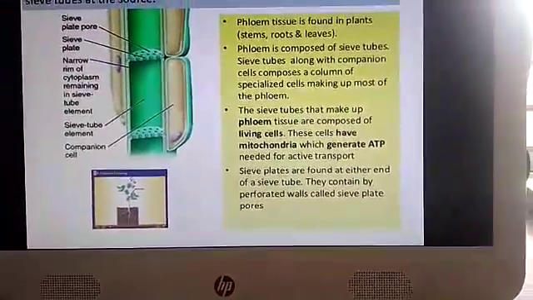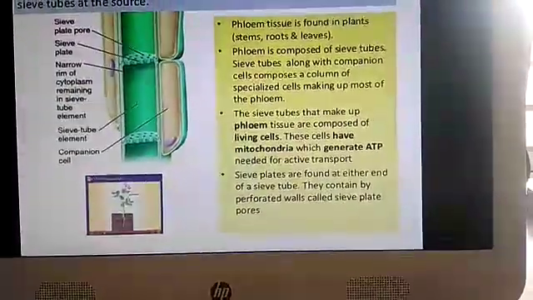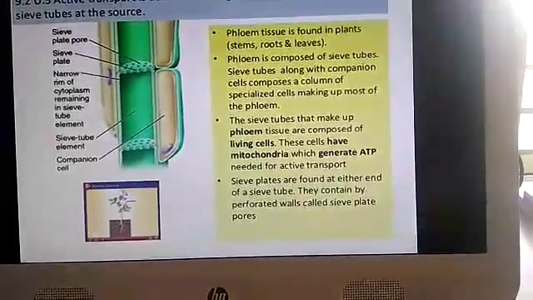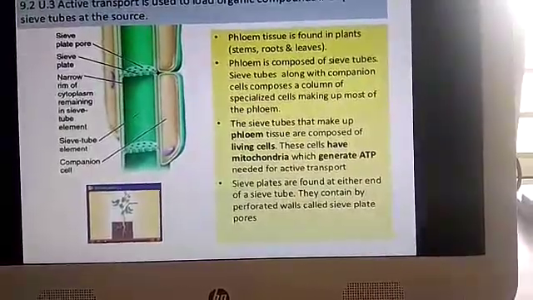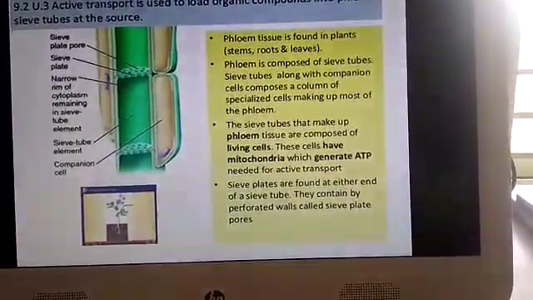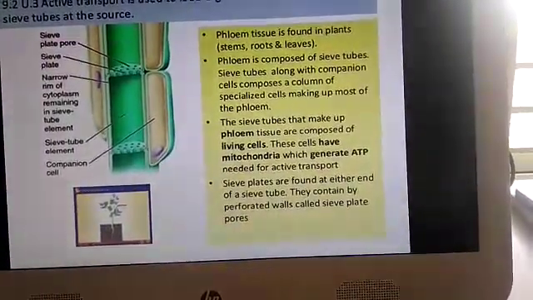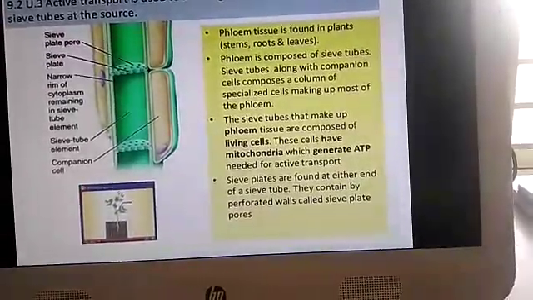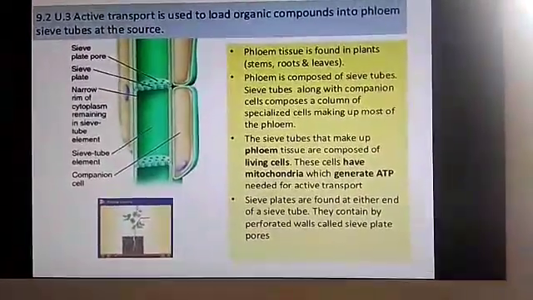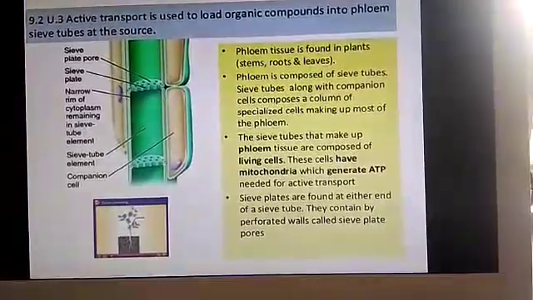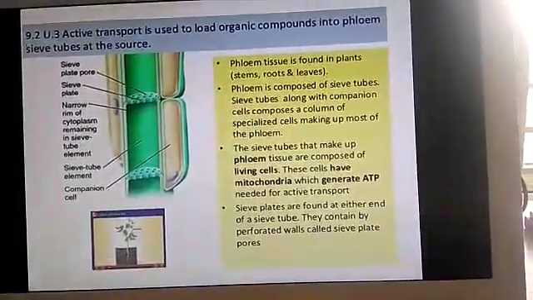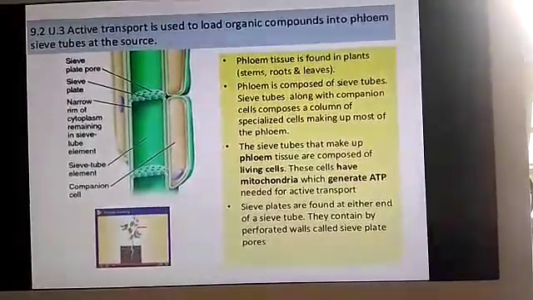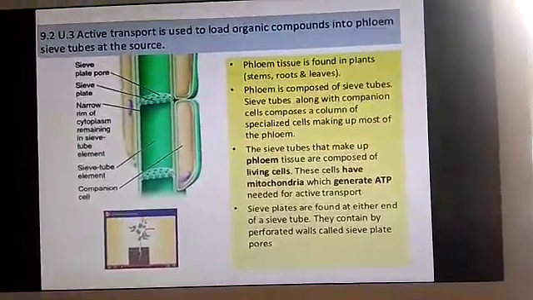You know that phloem consists of companion cells, sieve tubes, sieve plate and sieve pore. So phloem tissue is found in plants, that is stem, root and leaves. Phloem is composed of sieve tubes along with the companion cells, composing a column of specialized cells making up most of the phloem.